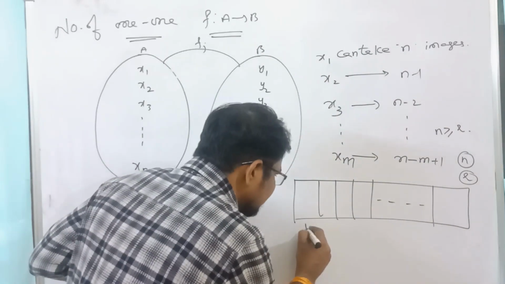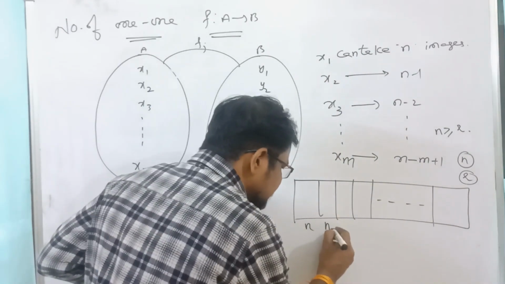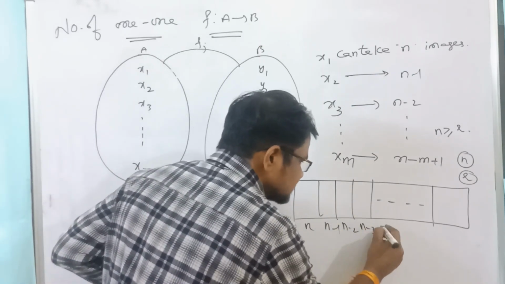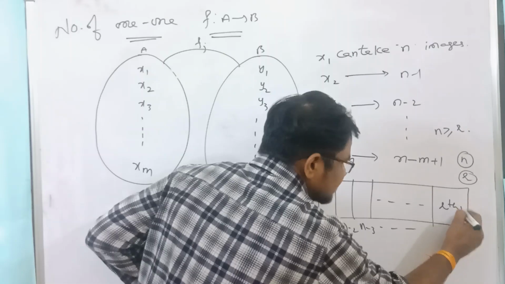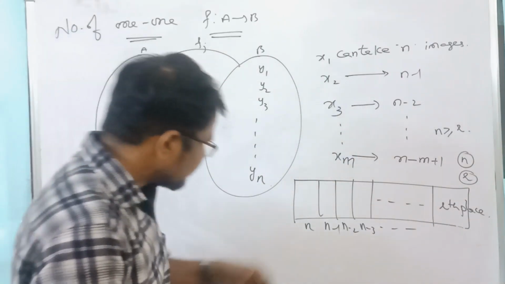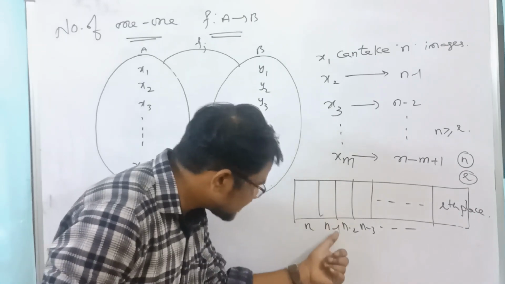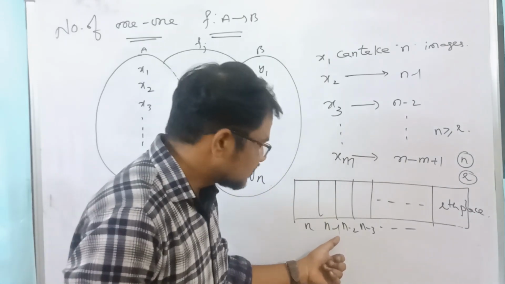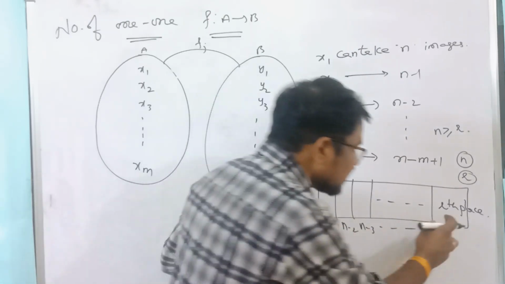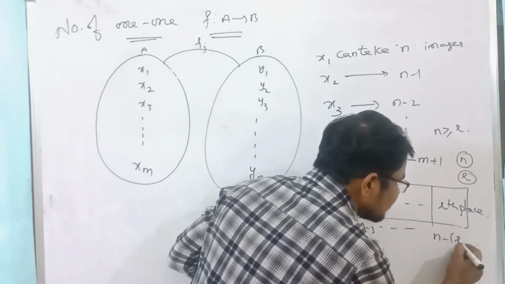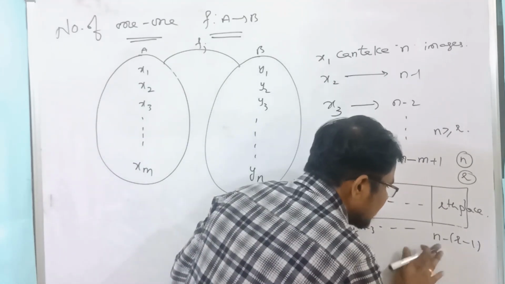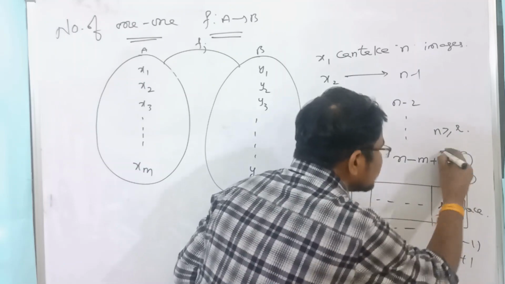First place can be filled in n ways, second place in n minus 1, third place n minus 2, fourth place n minus 3, etc. This is the rth place. Means first place n minus 0, second place n minus 1, right? Third place n minus 2, fourth place n minus 3, and rth place n minus of r minus 1, means n minus r plus 1. That only we have taken.